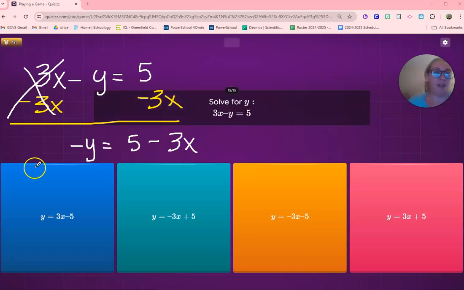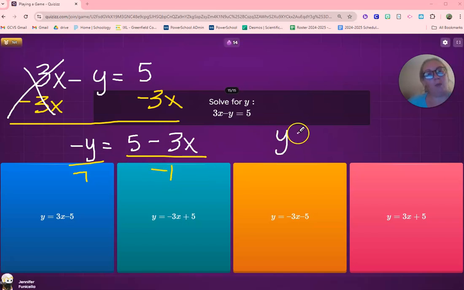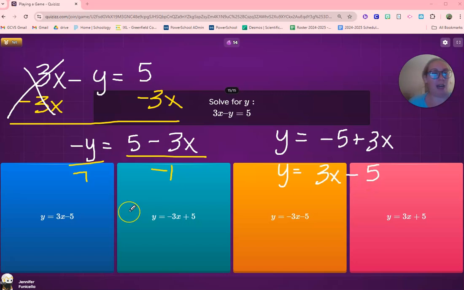And then to get rid of that negative, we can divide everything by negative 1. And we have 1y equals negative 5 plus 3x. The signs are just going to change, and we can flip that order. This is the same as 3x minus 5. Option A, our blue option.